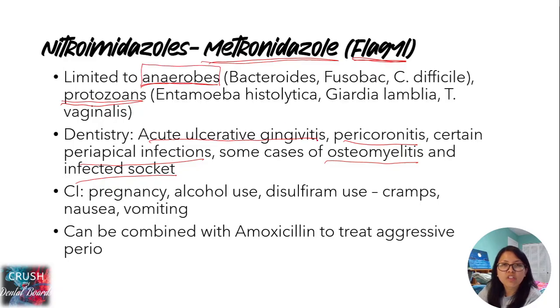Anaerobes. The infection is usually deep-seated, meaning it's not superficial, where you cannot find oxygen. Right? That's why periapical infections. It's down there at the apical area where you cannot see oxygen.